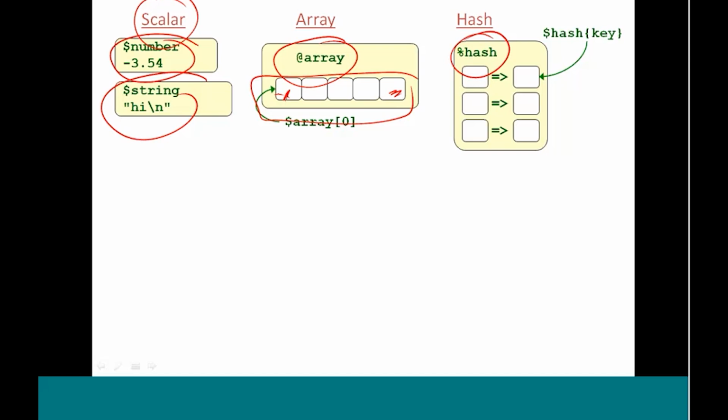Notice that here the elements are all joined together because this starts from 0, 1, 2, 3 and 4 and so on, whereas here there is no order. The only connection is that this element is connected to this element, which is connected to this, that's all.